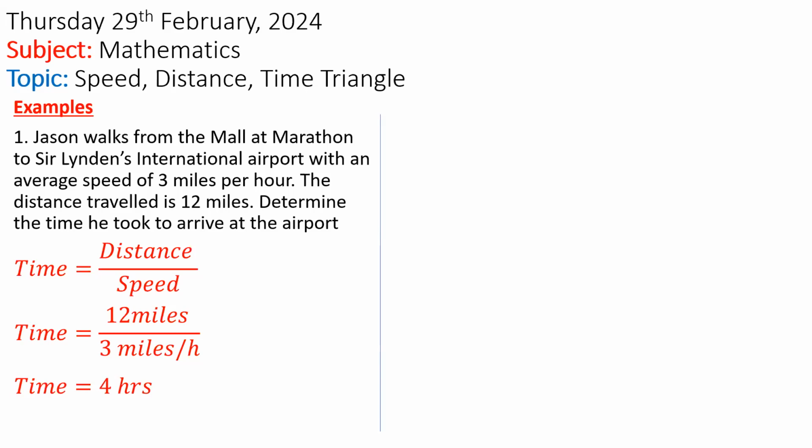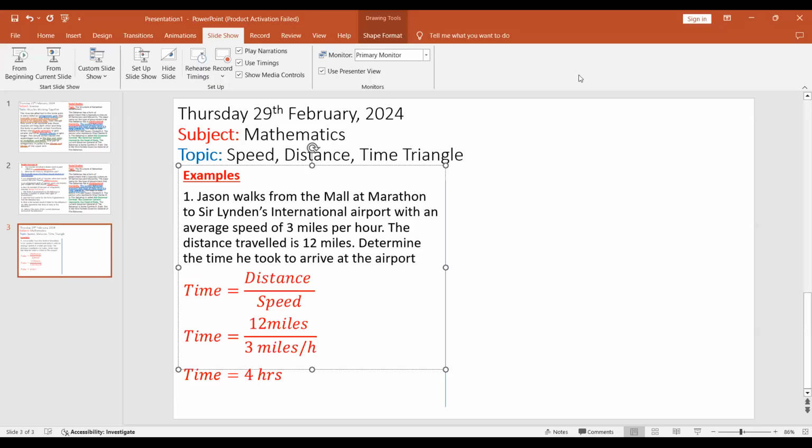So we're going to say 12 miles over 3 miles per hour, which is 4 hours. Very good. Let's do one more example. Thank you, Juan. So all we're doing is dividing the distance by the speed.